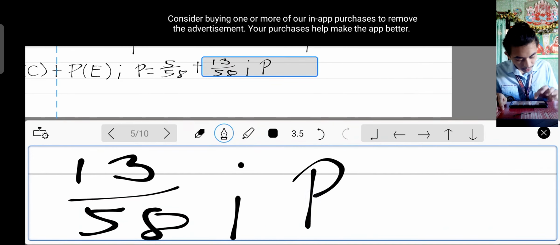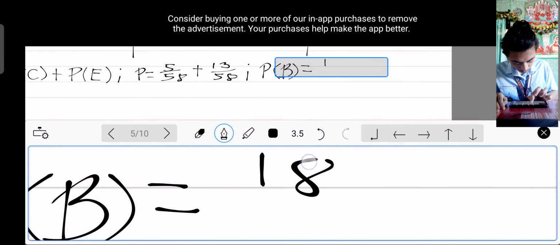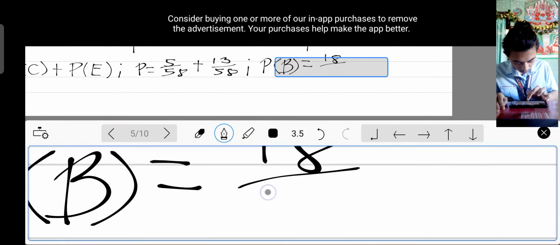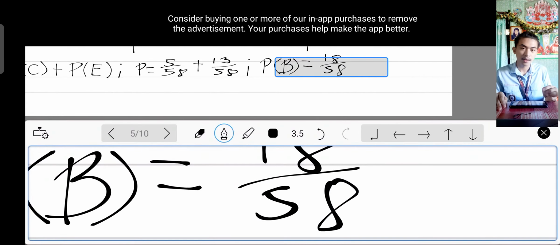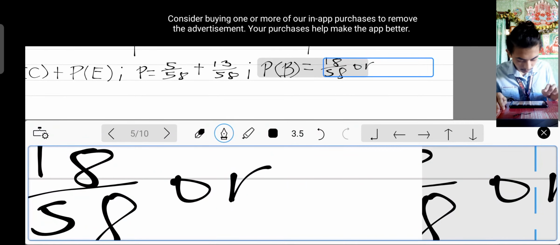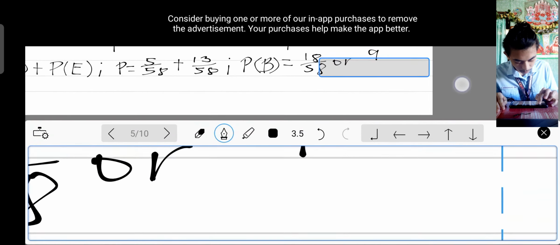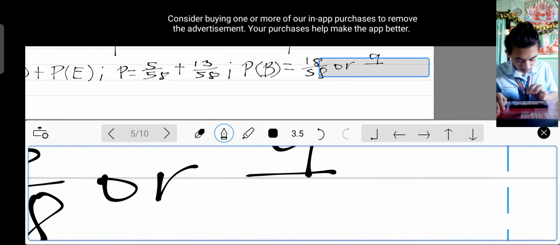Then we have the total probability. Probability of event B is equal to, let's just add the two, 18/58. We can simplify this by dividing both by 2. We will have the value of 9/29.